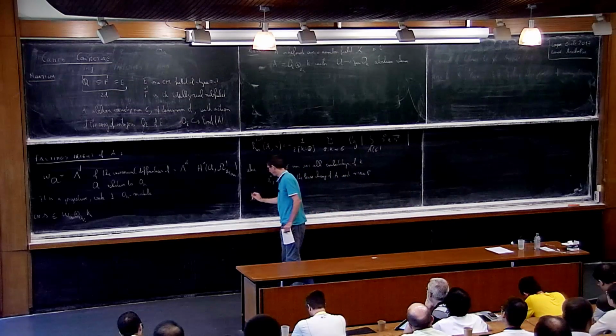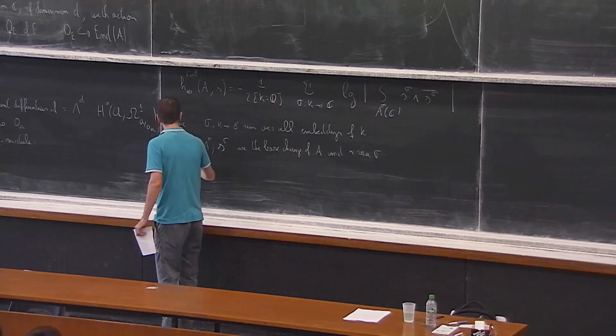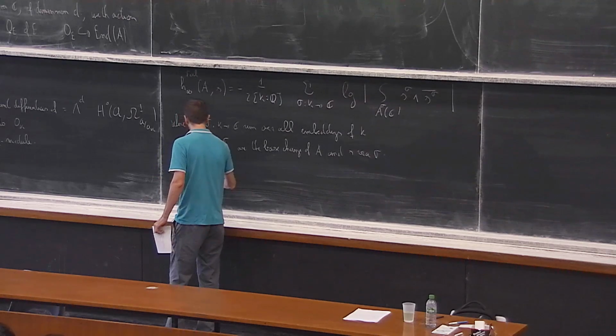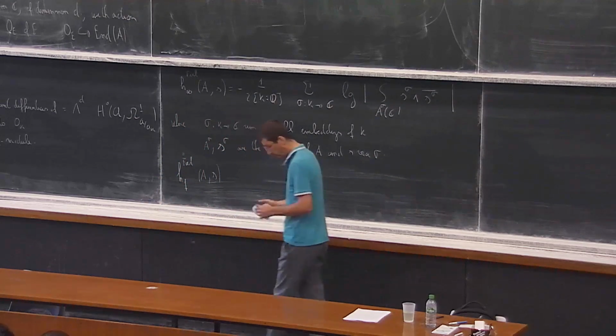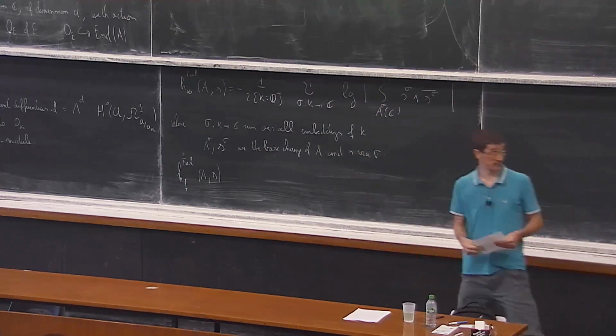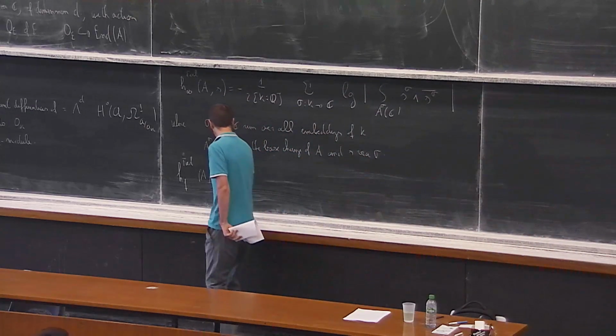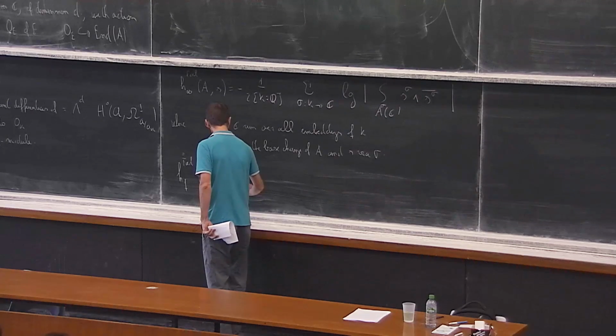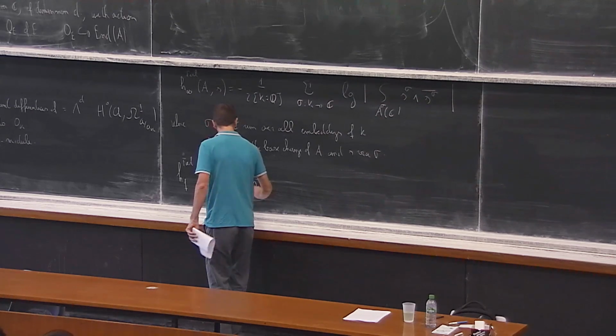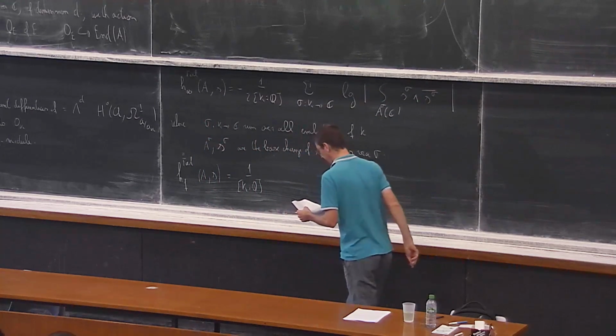Then there is a finite part of this Faltings height of A with respect to the section S that we have specified. And again, there is a normalizing factor coming from the degree of the field.